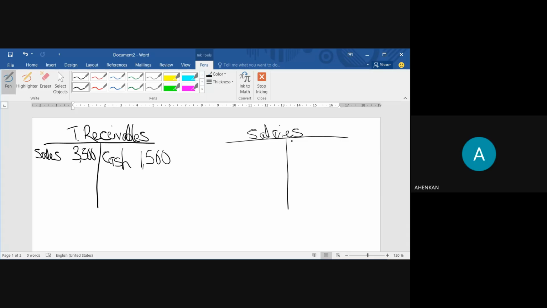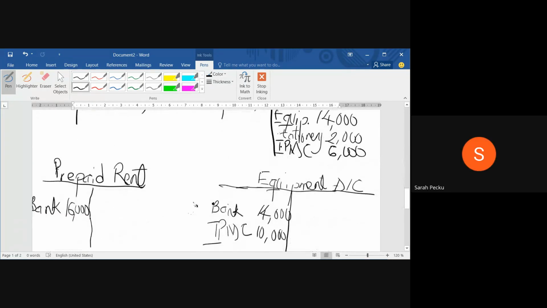We debit the salary account and credit the bank account. You debit the salaries because expenses are increasing. So we debit it with what? 2,500.